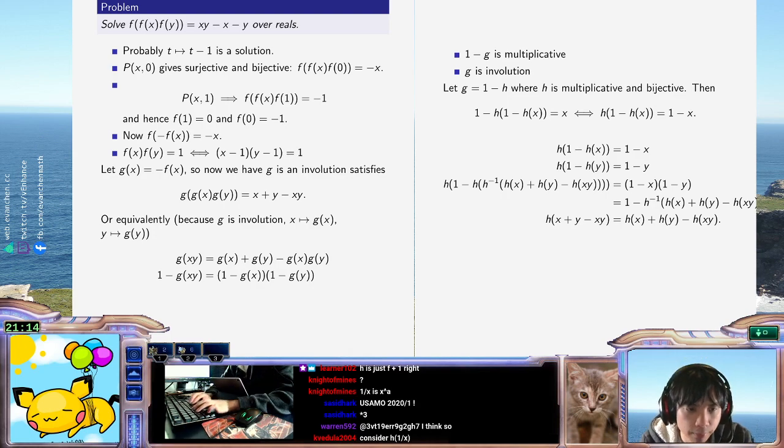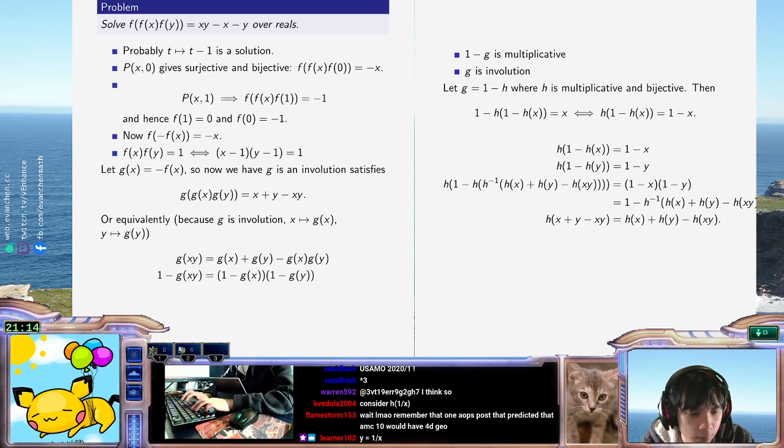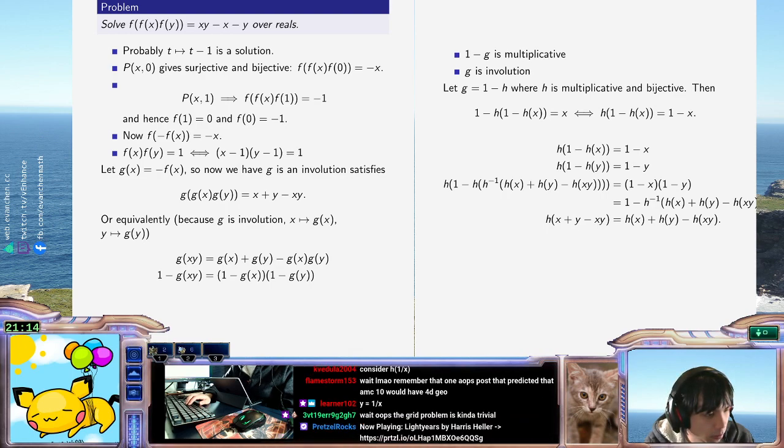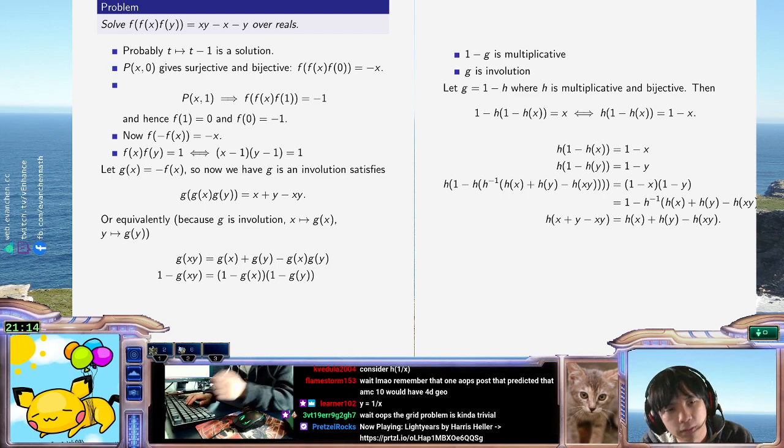All right, I'm gonna hide all this for now. Works for multiplicative, right? Oh, frick, is there a non-trivial solution I missed?